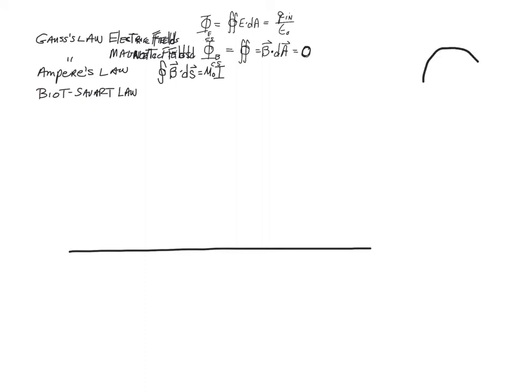We do a current loop. We can do a current loop at the center. We'll solve the problem like in the lab for the Helmholtz coils. What's the magnetic field of a current loop if you're on the axis of it? And many other situations.